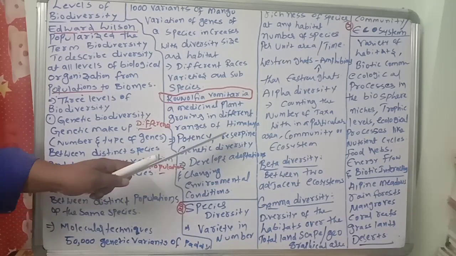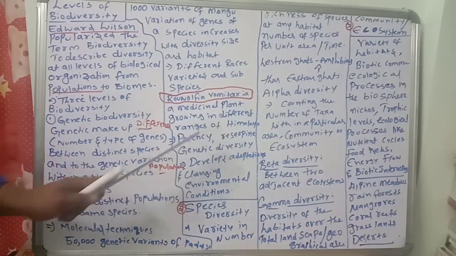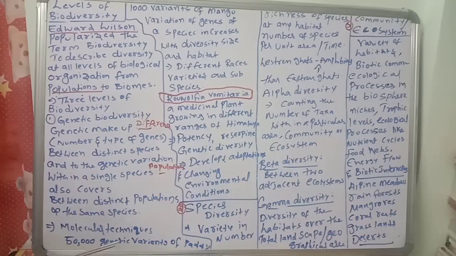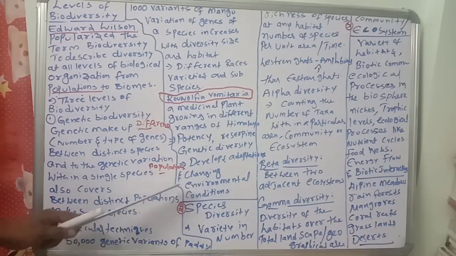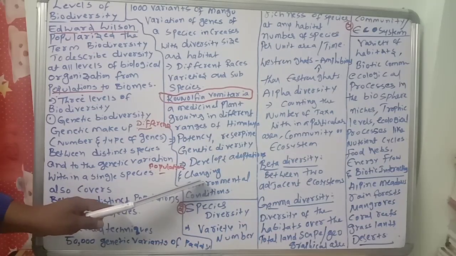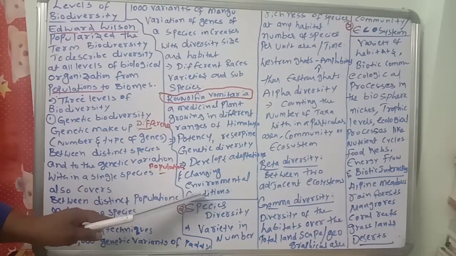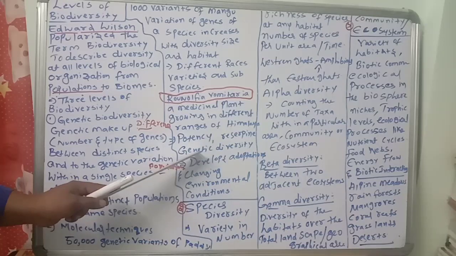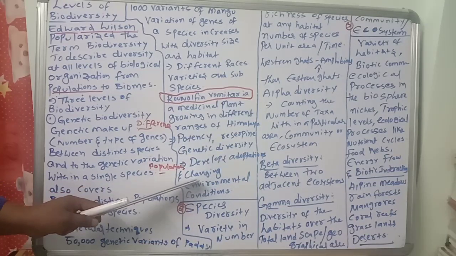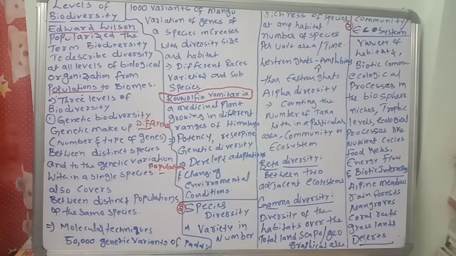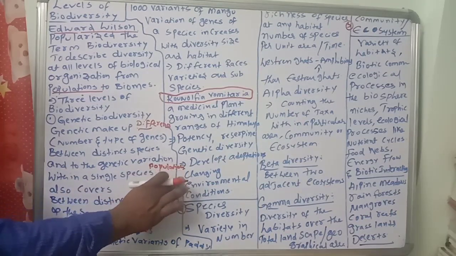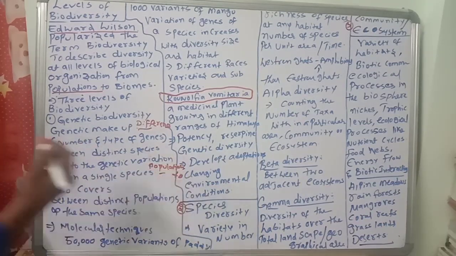The potency and active ingredient reserpine will vary in the medicinal plant Rauwolfia vomitoria. So what you can understand is that genetic diversity helps in developing adaptations to changing environmental conditions.